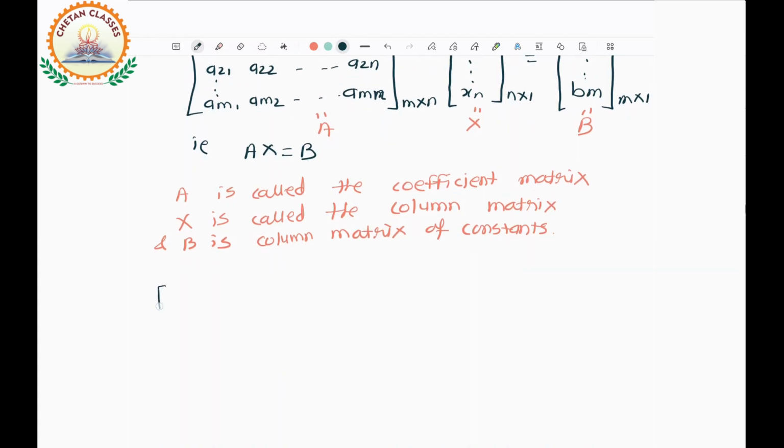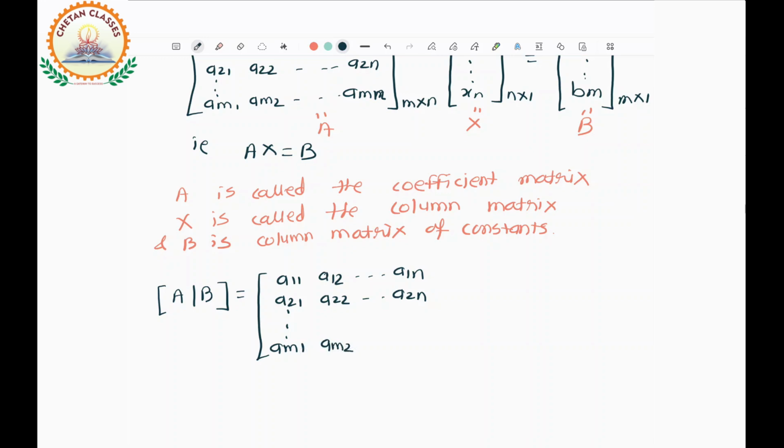So we write this matrix like this: A11, A12 up to A1n, A21, A22 up to A2n, and AM1, AM2 up to AMN, and here B1, B2 up to BM.